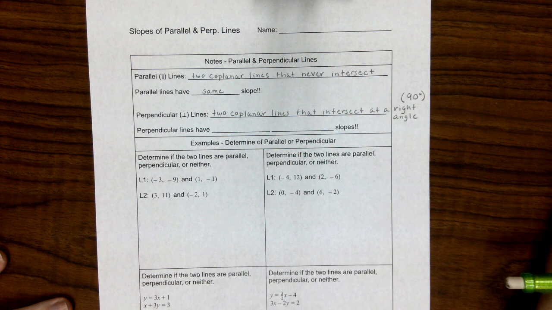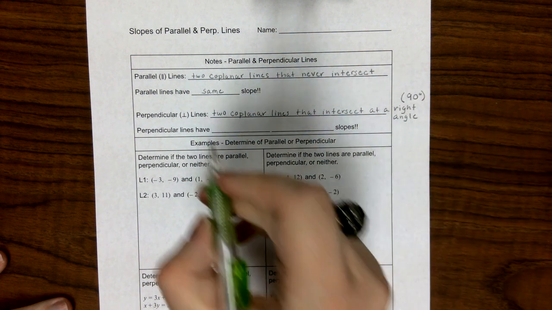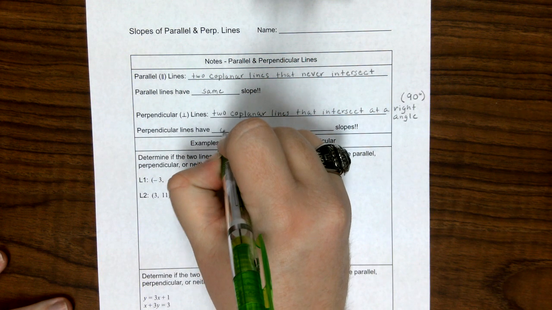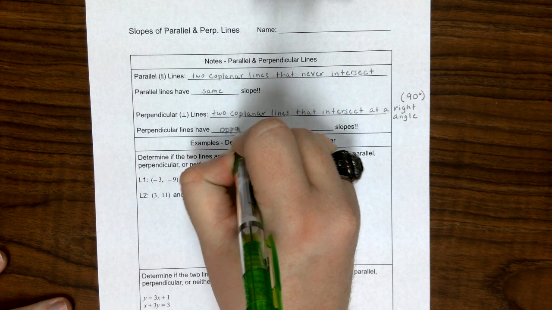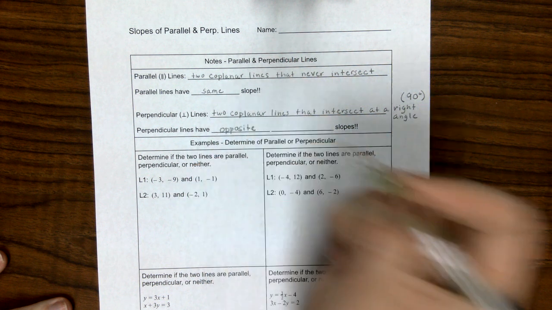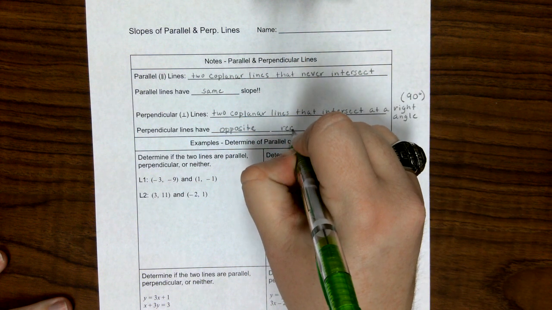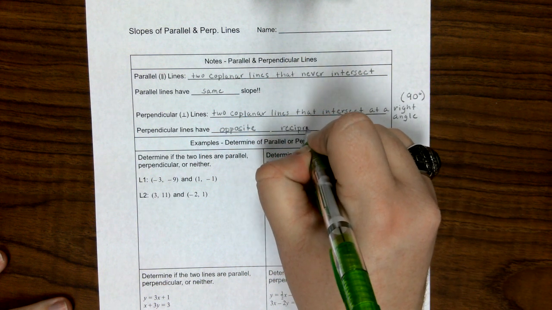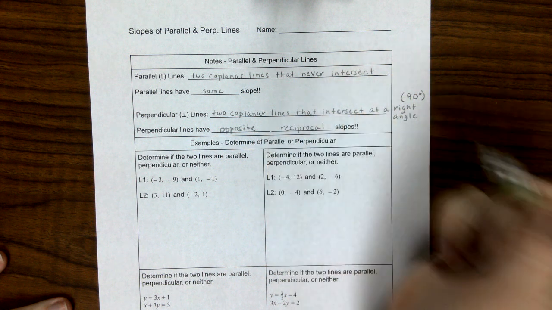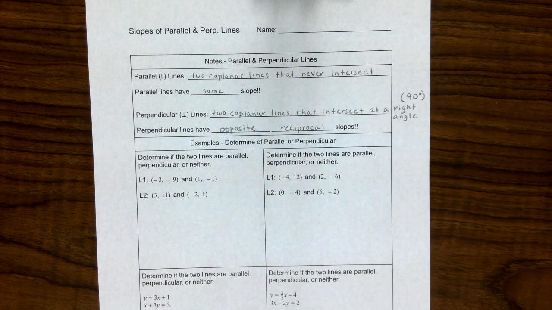Now, perpendicular slopes are a little bit different in their relation. They are what we call opposite, meaning one is positive and one is negative, reciprocals. Reciprocal means you take a number, either the whole number or the fraction, and you flip it.